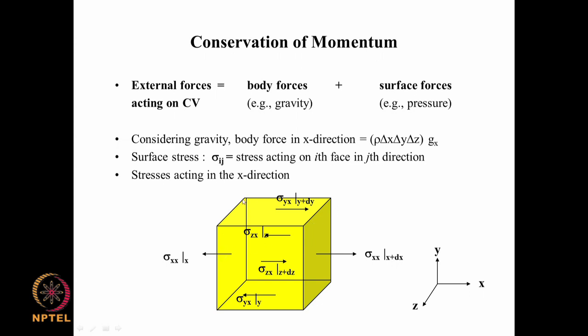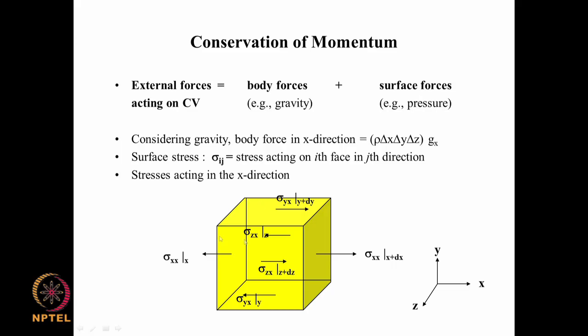Similarly, the stress acting in the negative x direction on the left face will be sigma xx at x times delta z times delta y, but it is negative. So, this is minus.